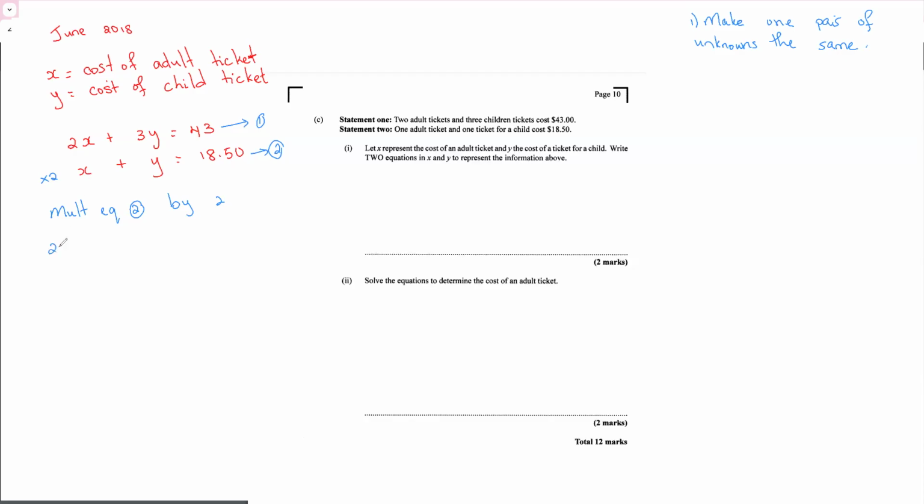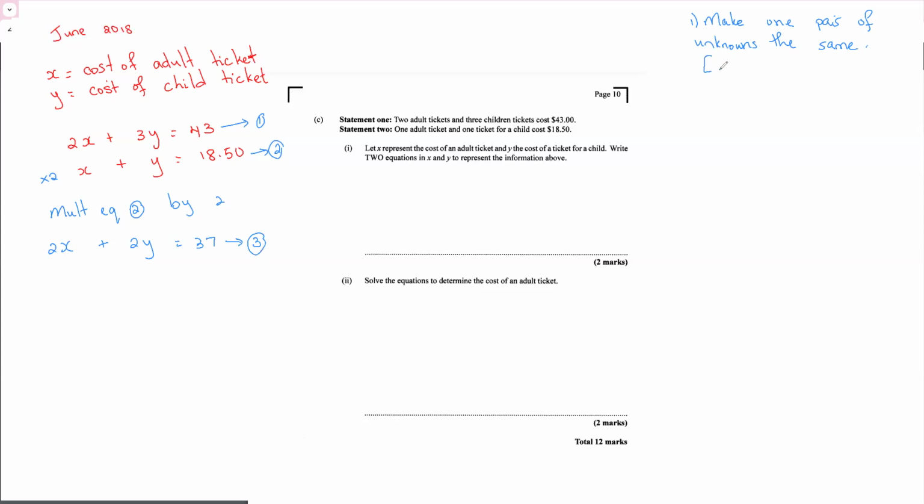So 2 times x is 2x. 2 times y is 2y is equal to 18.50 times 2. I am using my calculator as well. And I got that to be 37. So we generated a new equation. So I'll label it equation 3.